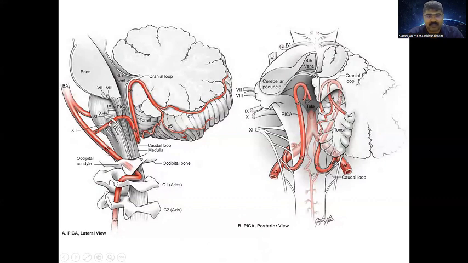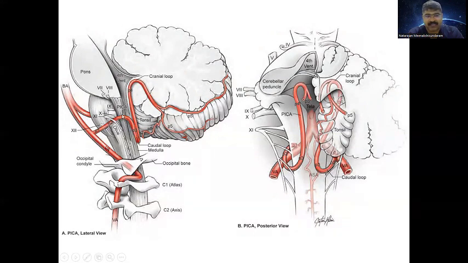The medial border of the olive is the site of origin of the 12th nerve, hypoglossal nerve rootlets. The P2 segment extends between the medial border and the lateral border of the olive. It is called the lateral medullary segment and lies between the 12th cranial nerve rootlets and the 9th to 11th cranial nerve rootlets.